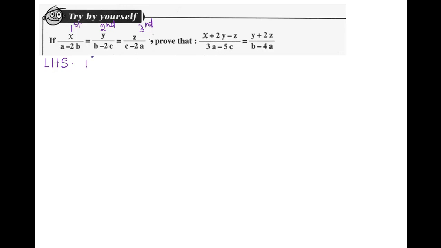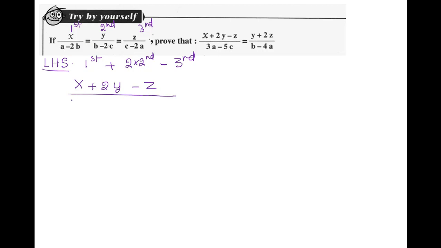So we take the first, and we add to it twice the second, because I need 2y, and here I have only y. So plus 2 times the second. And I subtract from it the third, because it's minus z. And here I have plus z. So minus the third.